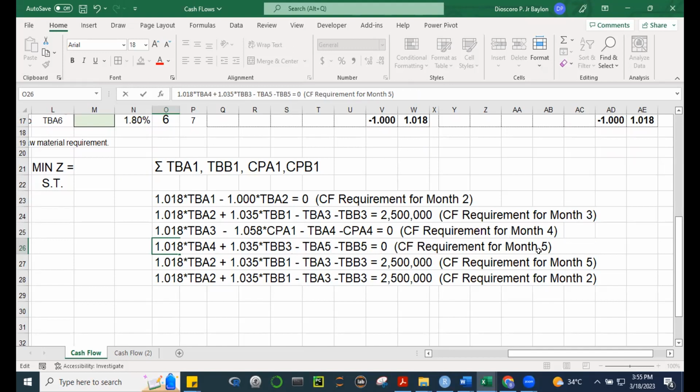This is the cash flow requirement for month 5. Thank you. And then month 6, next, please. For month 5, 3.5 million? No, 2.5 million, so I was wrong here. This should be 2,500,000.